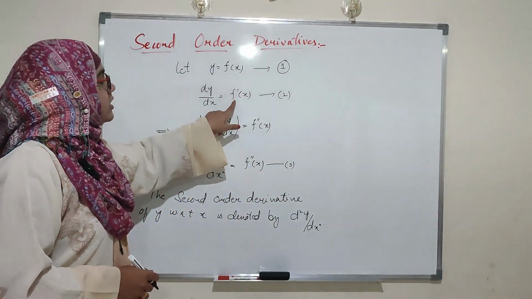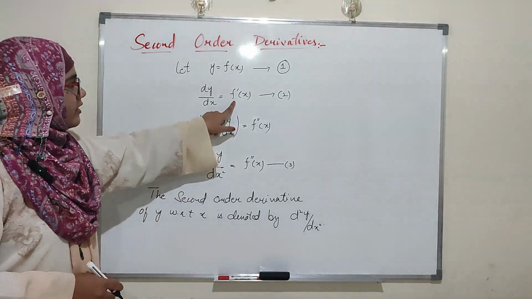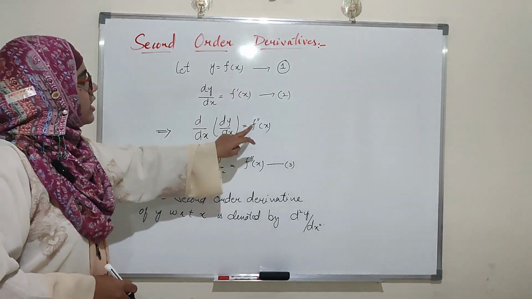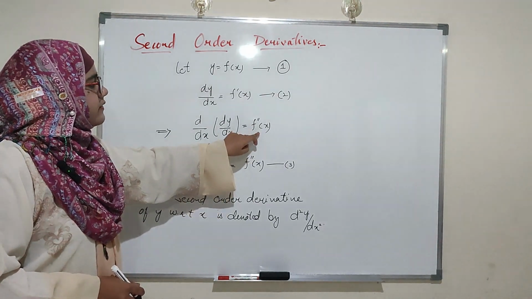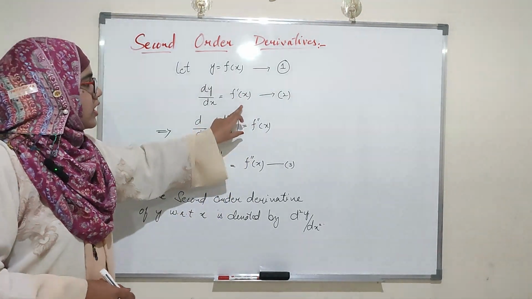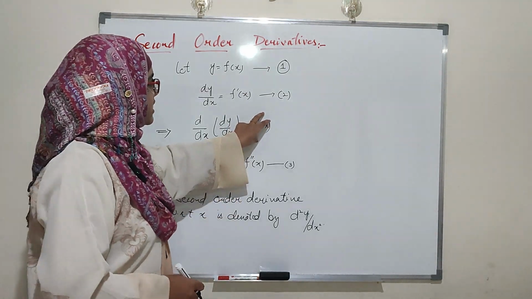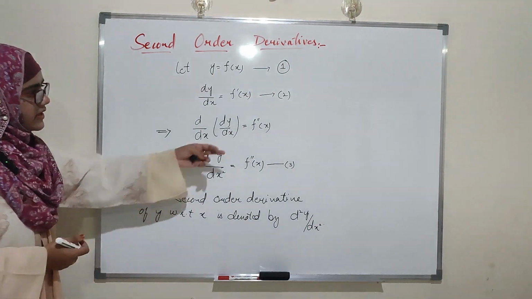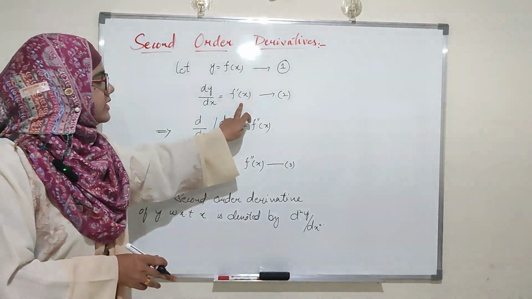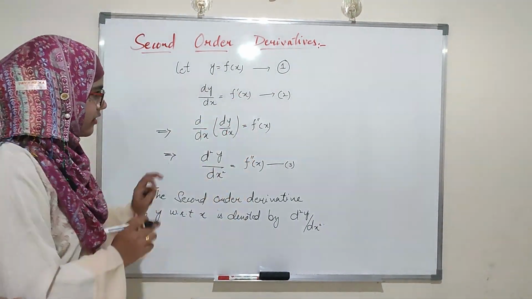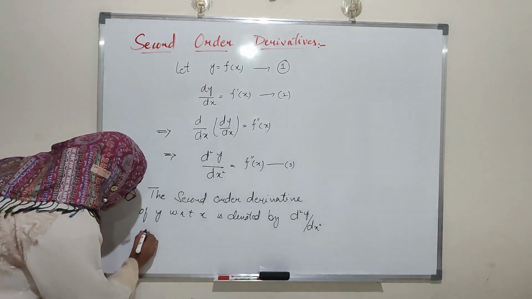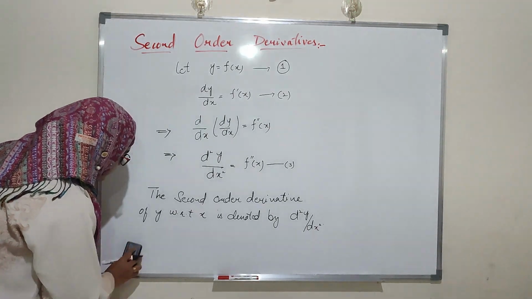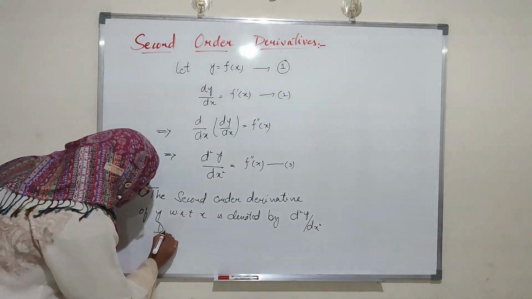And here, f dash of x is the differentiation of f of x on the right hand side. Now f double dash of x is the differentiation of f dash of x. So the second order differentiation of f of x is f double dash of x.